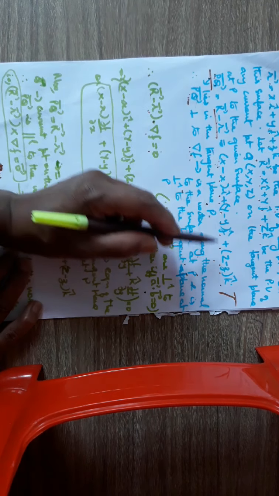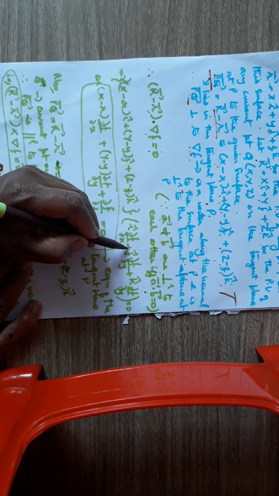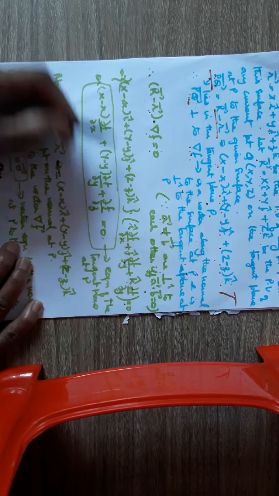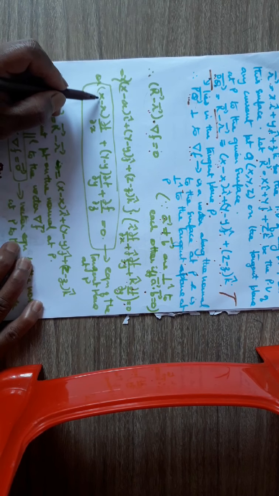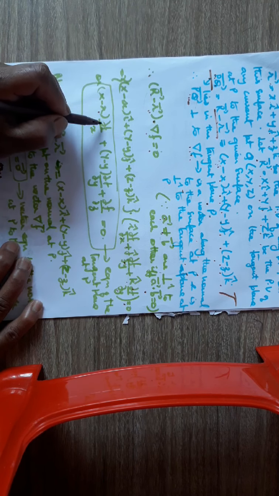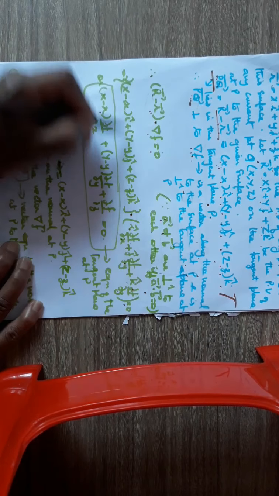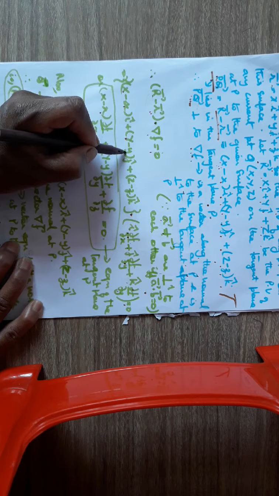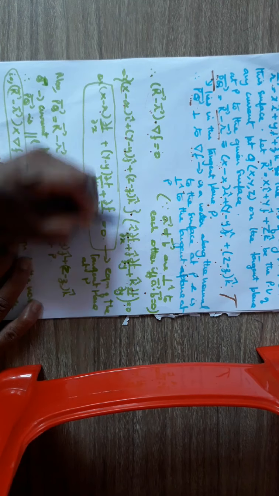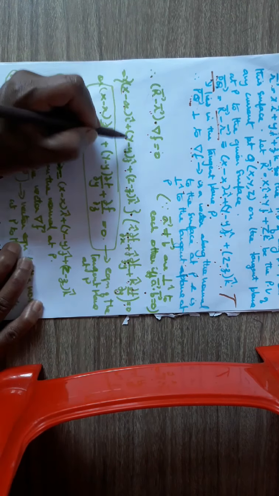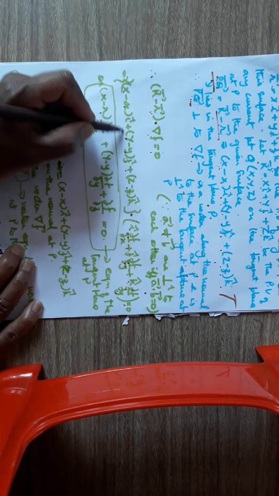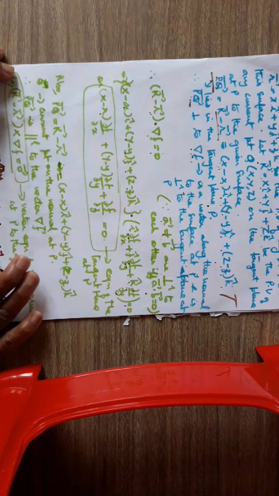Now using the scalar product, what is R bar minus small r bar? It is this vector. And what is del f? It is i ∂f/∂x + j ∂f/∂y + k ∂f/∂z, and the dot product is equal to 0. You take the scalar product of these two vectors. You have (X - x) ∂f/∂x + (Y - y) ∂f/∂y + (Z - z) ∂f/∂z, because i dot i gives 1, j dot j gives 1, k dot k gives 1, whereas i dot j gives 0, similarly with others.